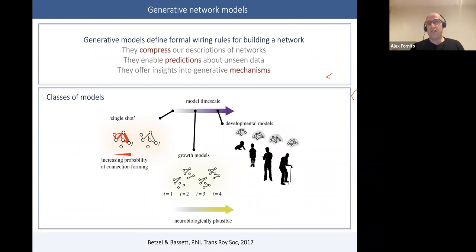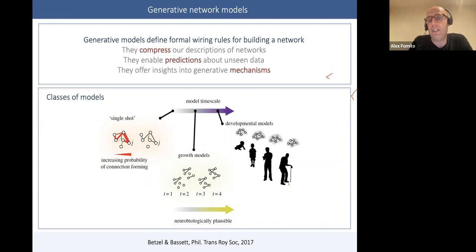And so in a general sense, generative models have a number of advantages. One is that they can compress our description of networks. Rather than using any of hundreds of different graph theoretic measures for describing a network, we could potentially write down a model with just a few parameters and explain all of that complexity just in relation to variations in that small set of parameters. They allow us to make predictions about unseen data.